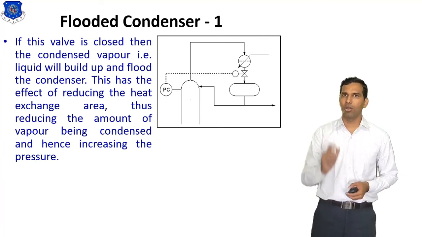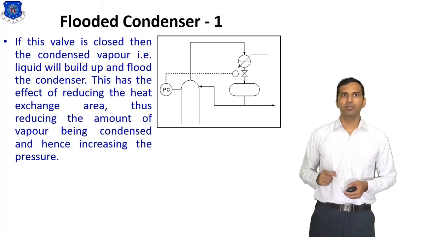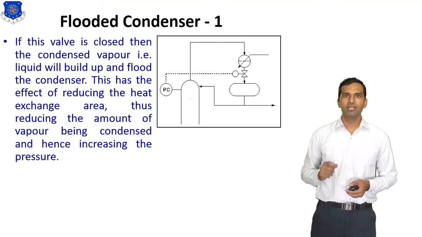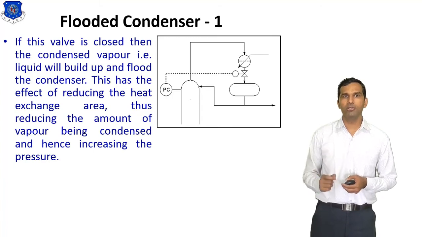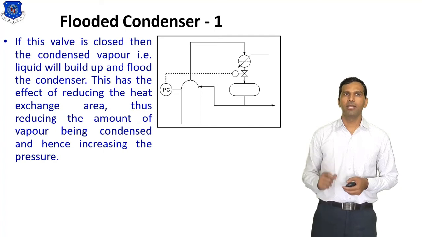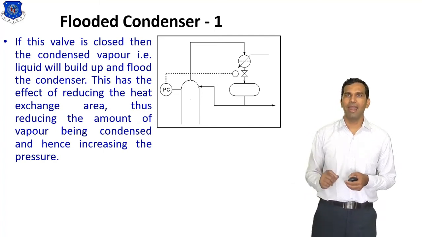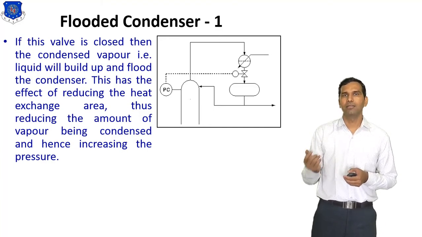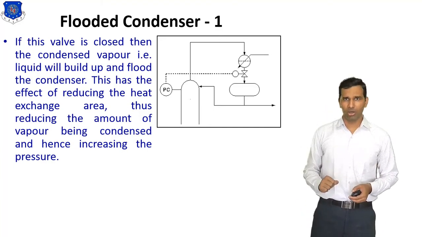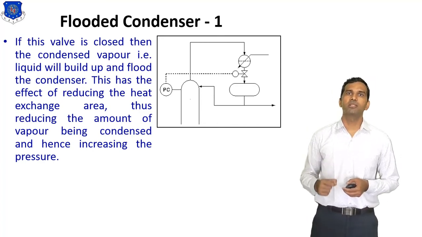If the valve is closed, then the condensed liquid will build up and flood the condenser. This has the effect of reducing the heat exchange area, thus reducing the amount of vapor being condensed and hence increasing the pressure. So here we can understand the working of this system.